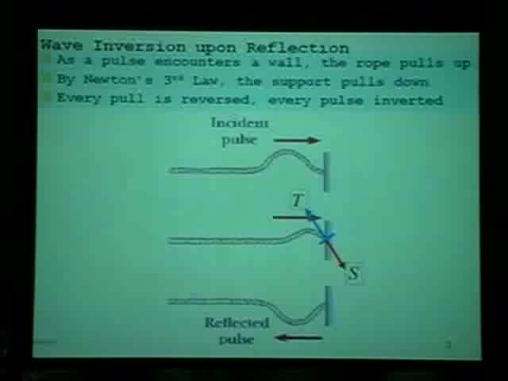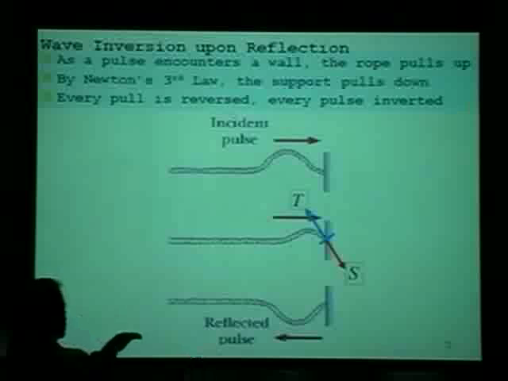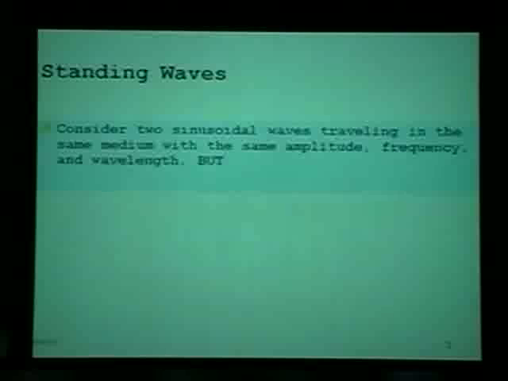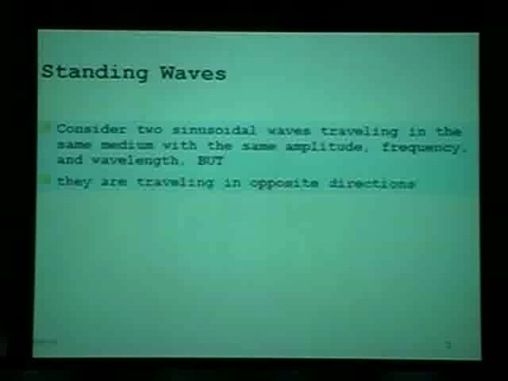If I did that with a bunch of pulses, I could have a pulse come in and inverted pulses coming out, and they might interfere with each other. Well, let's think about that. Consider two sinusoidal waves traveling in the same medium with the same amplitude, frequency, and wavelength, but traveling in opposite directions.